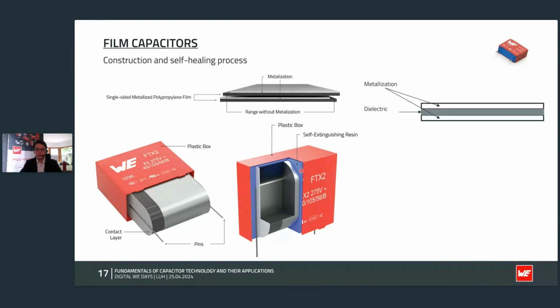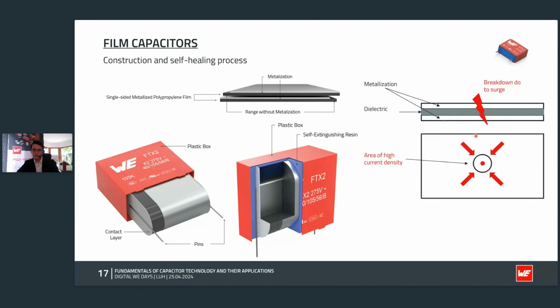But what happens if there's some smaller failure inside of the capacitor? You can see on the right-hand side, we have the metallization and the dielectric material. And for example, we have a breakdown due to surge. Then, if I have a very small surface, you will have a very high current for a short period of time. And this very high current will lead to high temperatures.